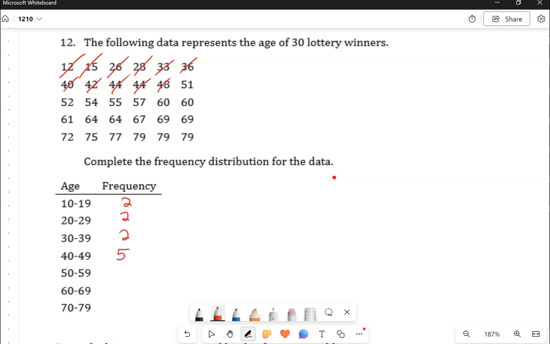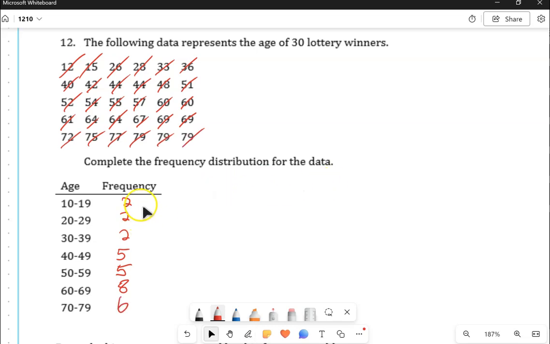Between 50 and 59? 1, 2, 3, 4, 5. Between 60 and 69? 1, 2, 3, 4, 5, 6, 7, 8. Between 70 and 79? 1, 2, 3, 4, 5, 6. That's what it takes to create a frequency distribution.